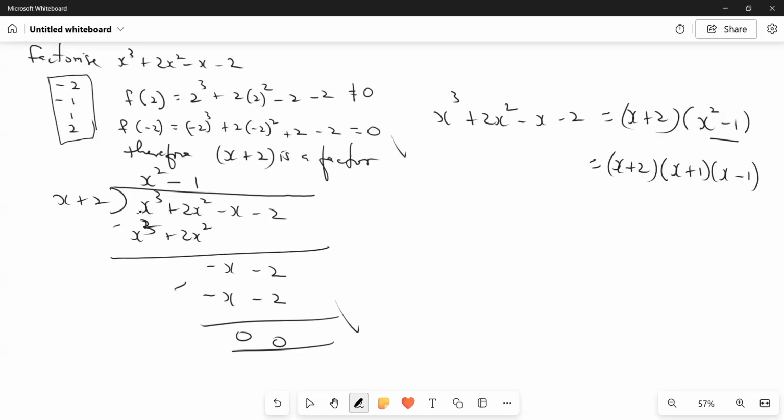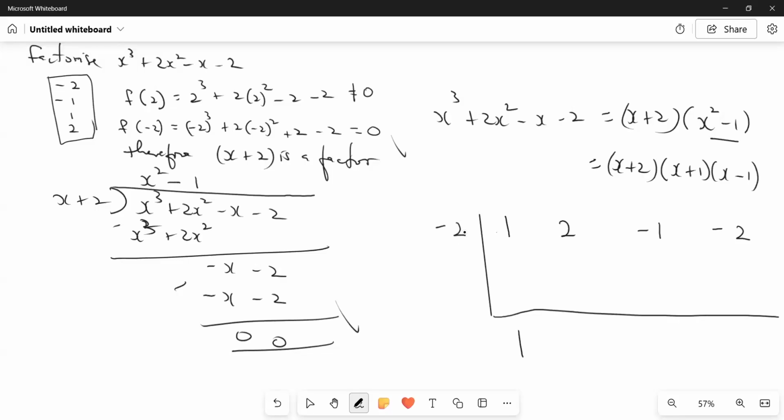We take the coefficients of the function, so we lay them out: 1, 2, -1, -2. And we are going to divide. I'm going to put it like this here. I'm going to divide by, what's this? -2 here. So you bring down this 1 here.